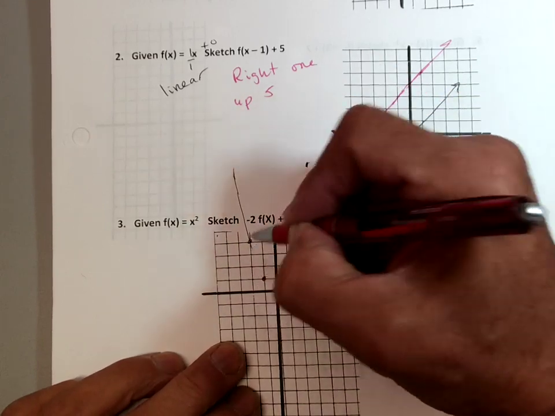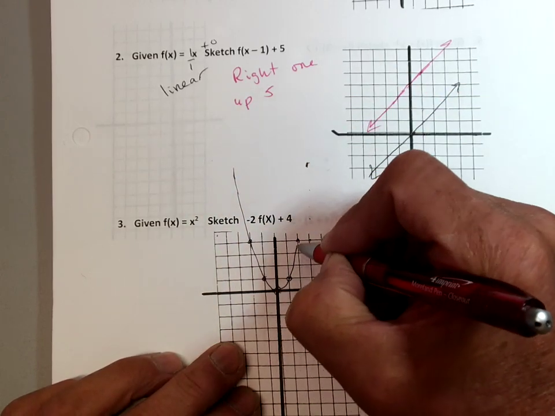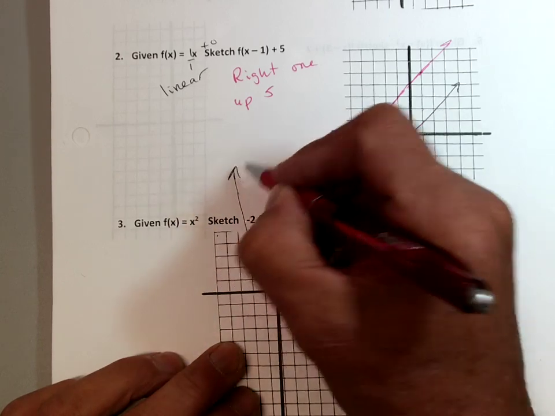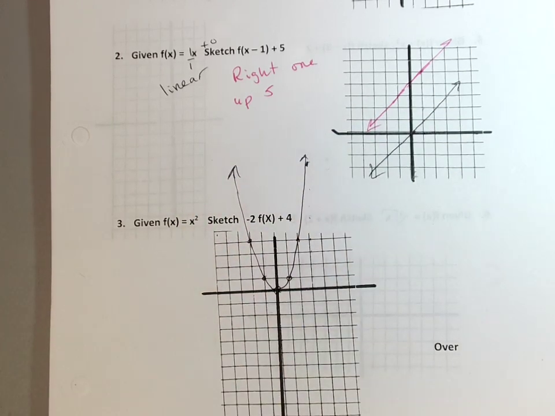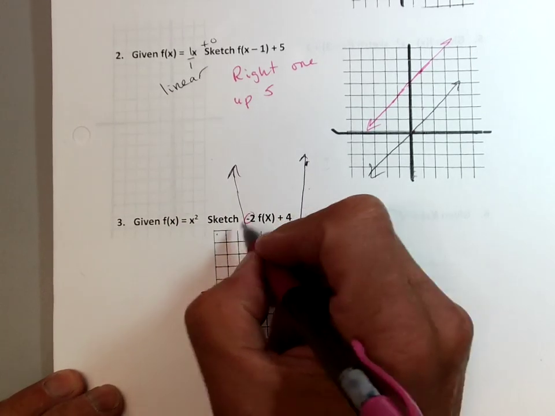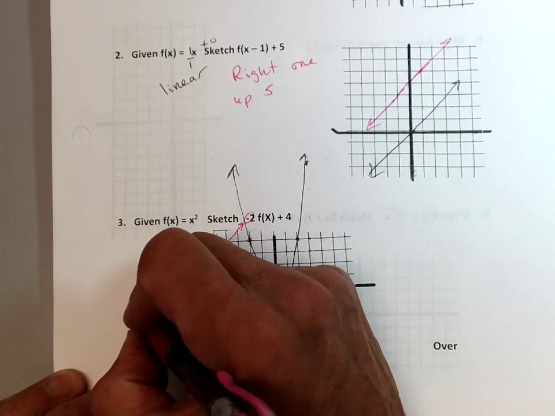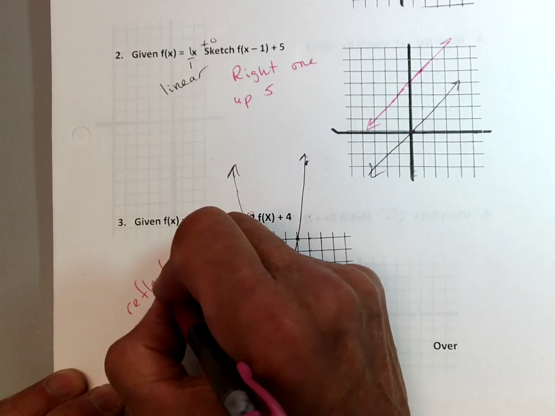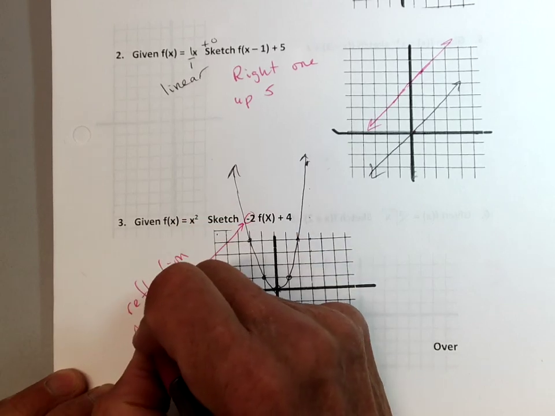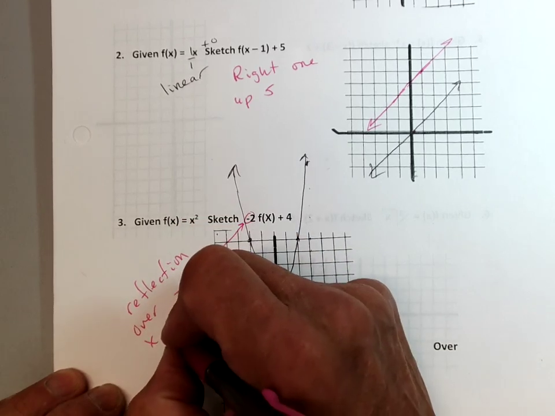So the parent function looks like this, okay? Now, what are we going to do? Well, it's definitely going to be upside down, or a reflection over the x-axis, okay?